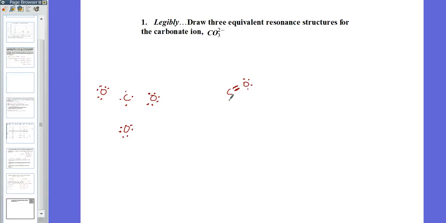Then you'll end up with the other oxygens taking that configuration there.